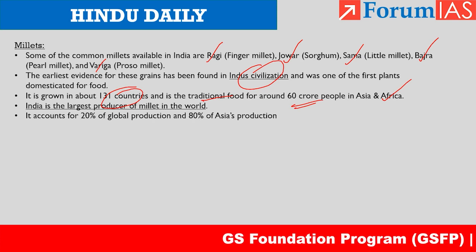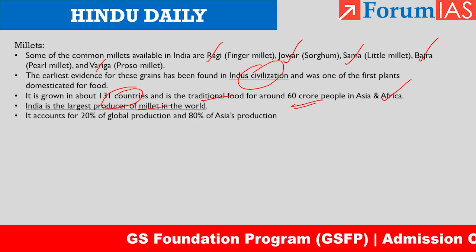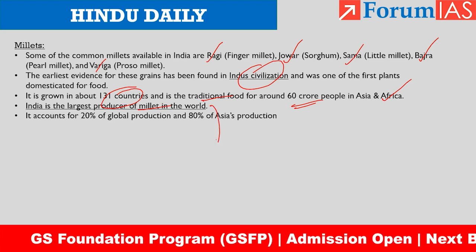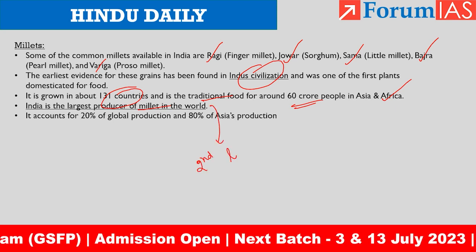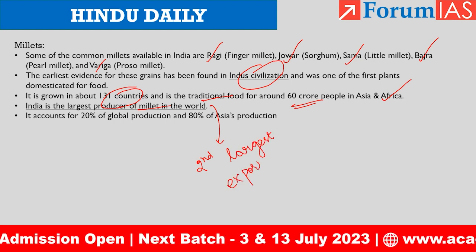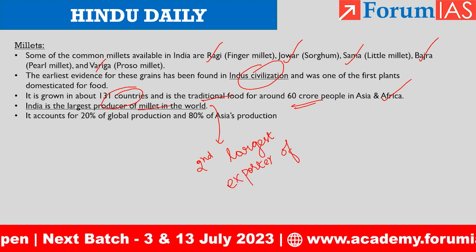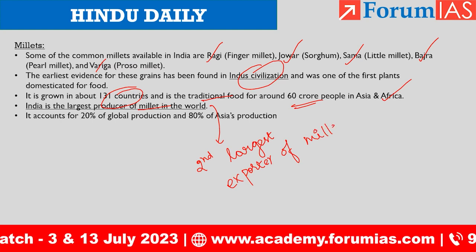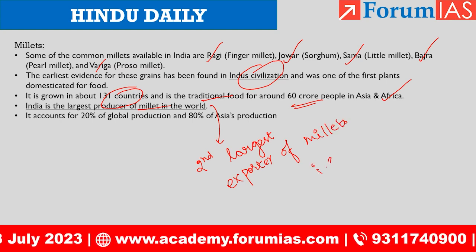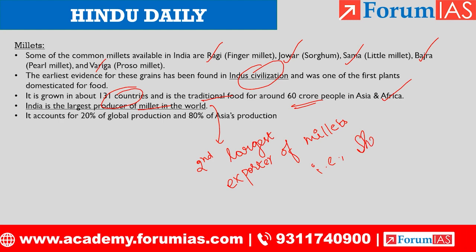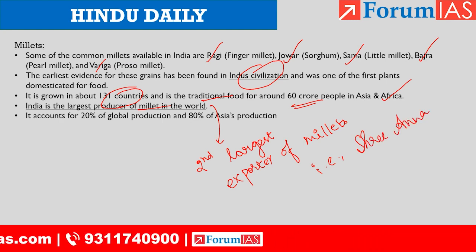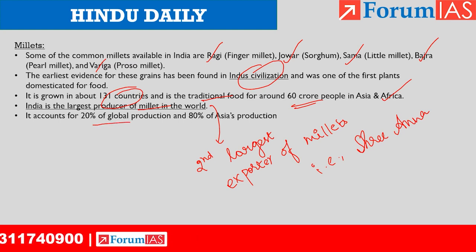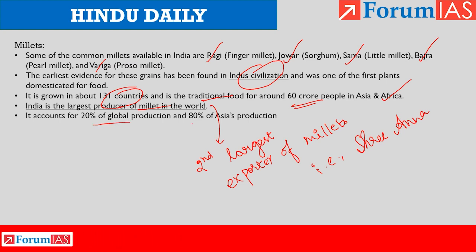India is the largest producer of millet in the world, and moreover the economic survey says that India is also the second largest exporter of millets, that is Shri Anna. So India accounts for almost 20% of global production and 80% of Asia's production.